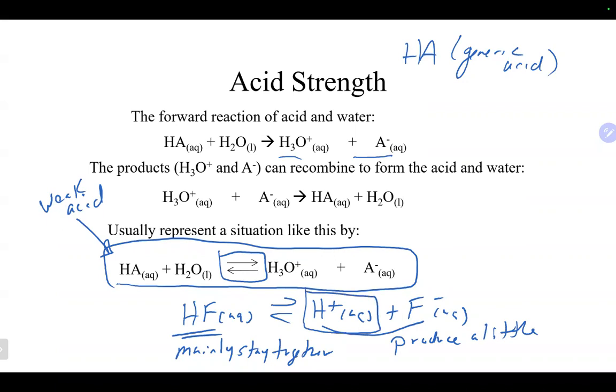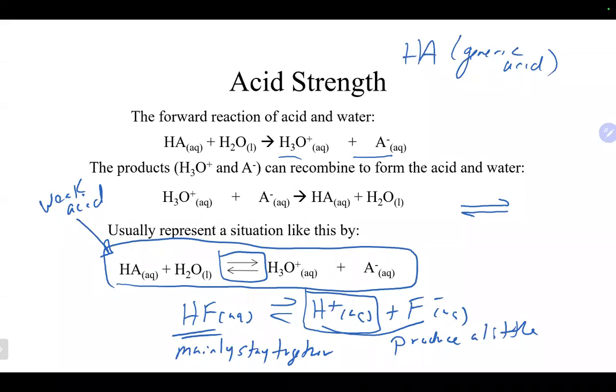It is nowhere near a strong acid because of the reversible reaction. It will mainly stay together. Remember, whenever we see those arrows heading in both directions, that sets up an equilibrium situation.